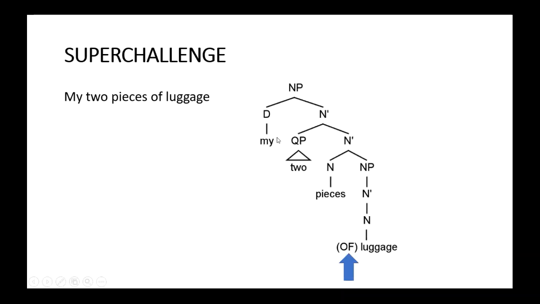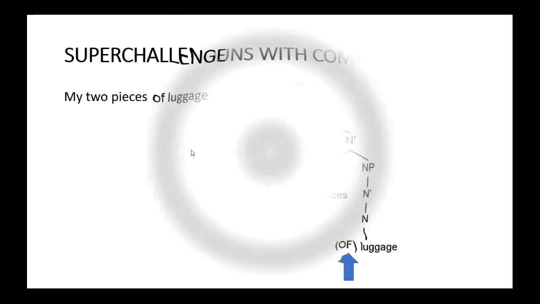Okay, remember that determiners can be articles, so you can say the two pieces of luggage. You can say possessives, my two pieces of luggage, and you can also have a demonstrative, so you can say these two pieces of luggage. So you can get articles, possessives, and demonstratives. Those are going to be the specifiers of the noun phrase when you have my two pieces of luggage.